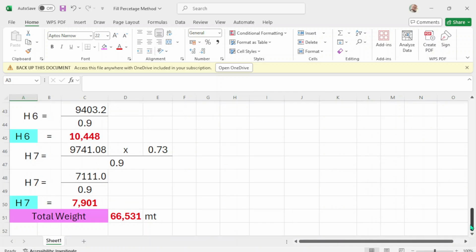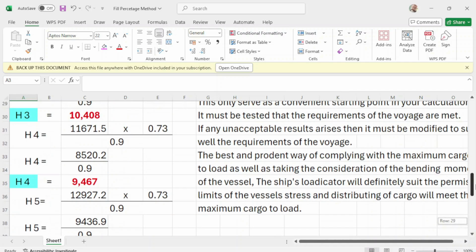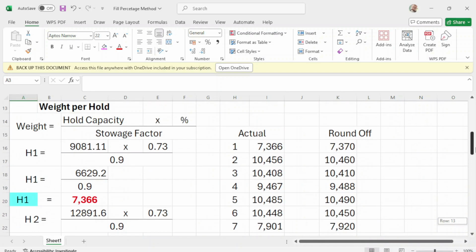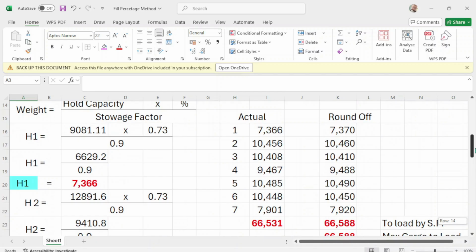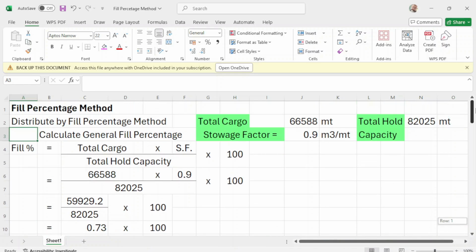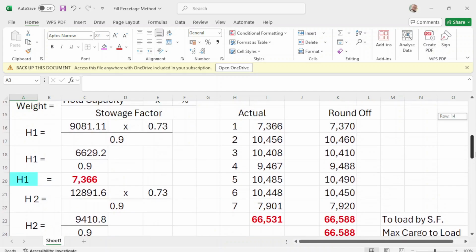Okay, but take note that our maximum cargo to load should be 66588, the total cargo. So you have to round up these values to get 66588. From 7366 you make it 7370.